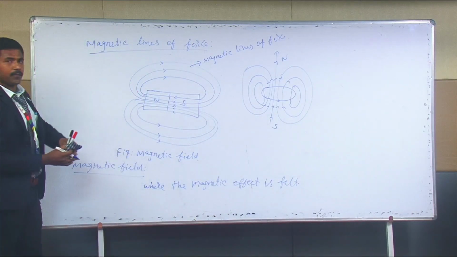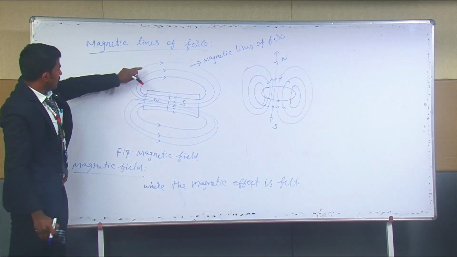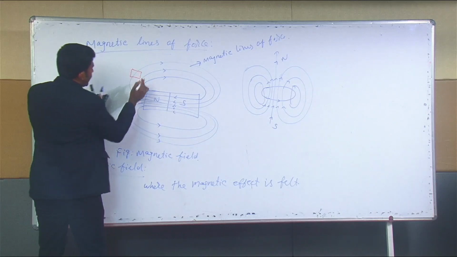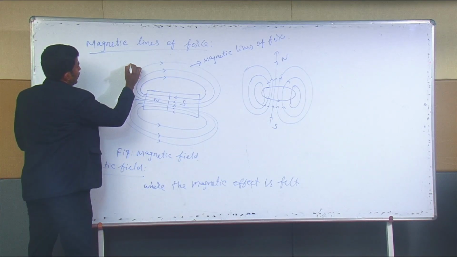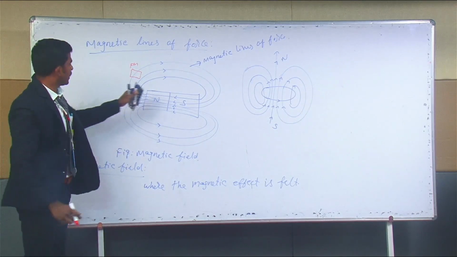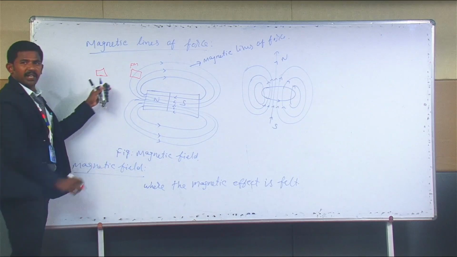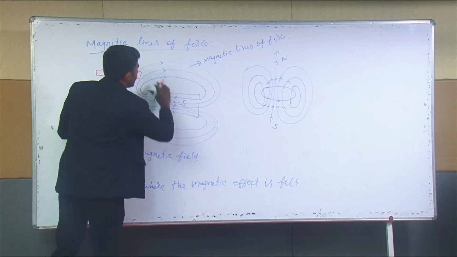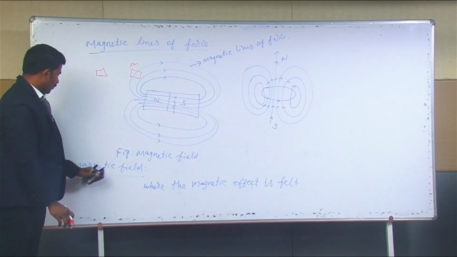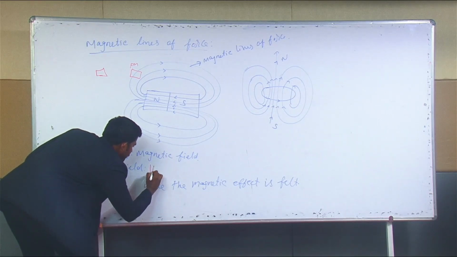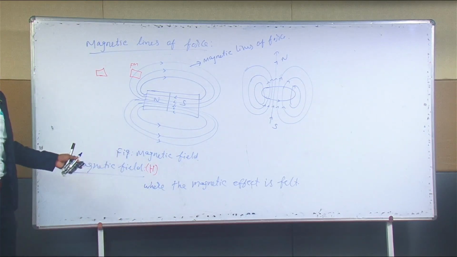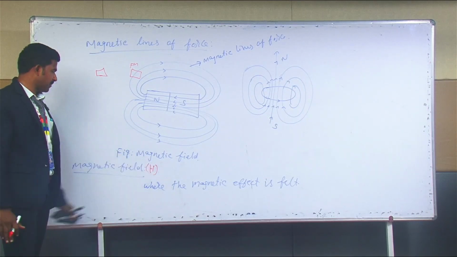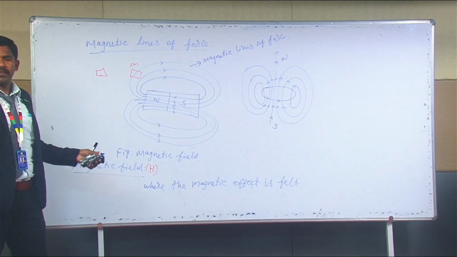If you place any magnetic material here, for example a ferromagnetic material, it will be attracted, whereas if you keep it here, it may not be attracted. So only the region where the magnetic effect is felt is the magnetic field. The magnetic field is usually denoted as H, also called intensity of magnetic field or magnetizing field. All these are the same, denoted as H. The unit is Tesla, we can say.